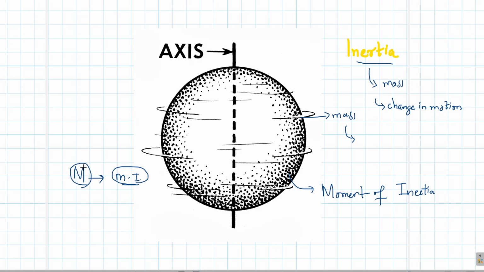So we can define moment of inertia as the rotational analog of linear inertia. Linear inertia is nothing but the mass; it comes from the mass of the body.